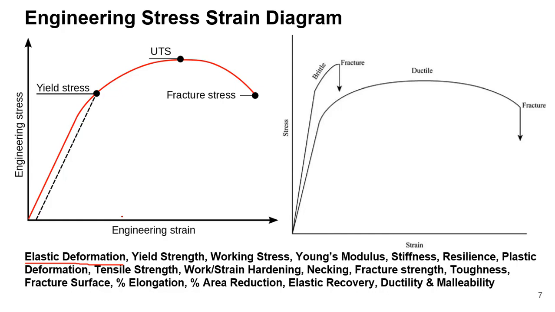So this particular region is basically the elastic region, and generally we consider up to the yield stress as this region. We consider the yield point to be the point up to which the material is elastic.